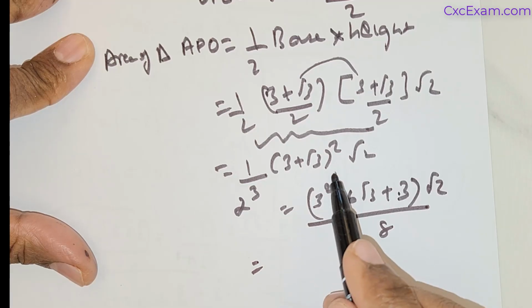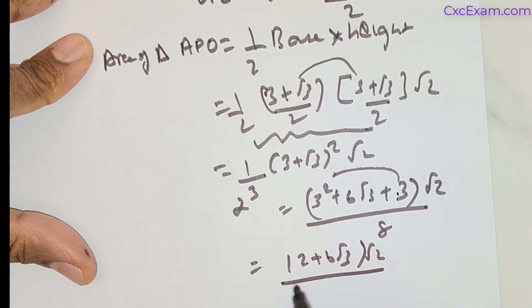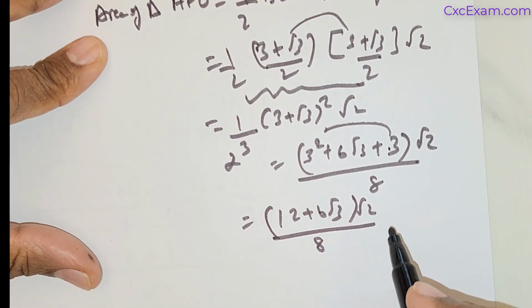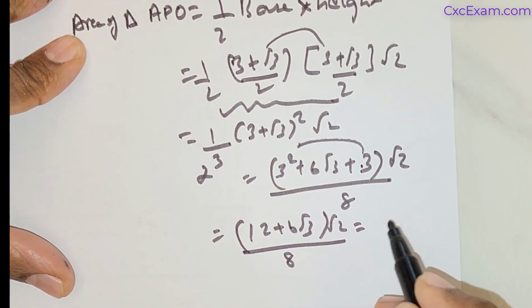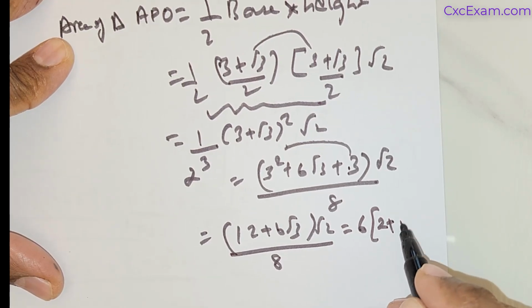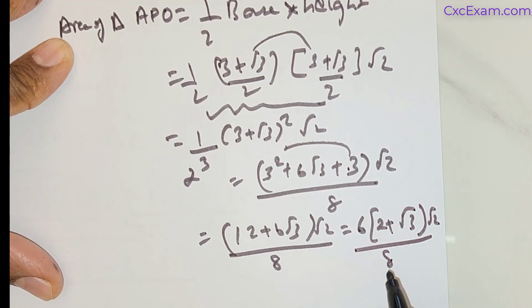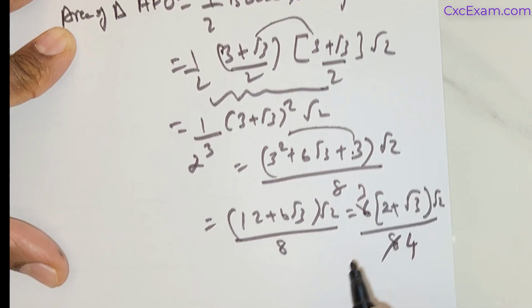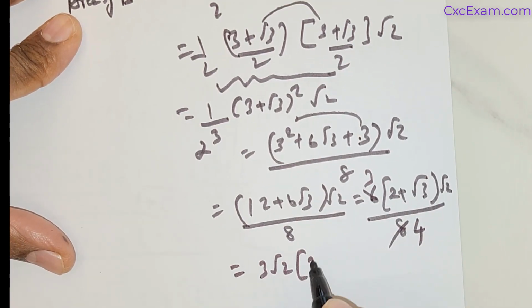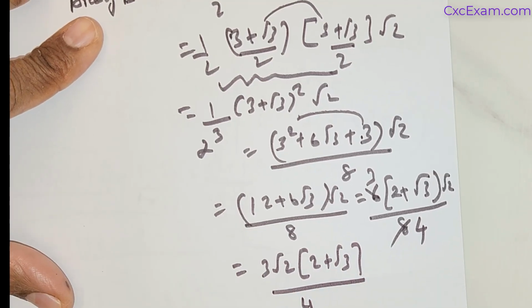So this is going to be 9 plus 3, that's 12, plus 6 root 3, times root 2, divided by 8. Now I can take 6 out, that will give me (2 + root 3) times root 2 divided by 8. 2 goes here 4 times, 2 goes here 3 times. So 3 root 2 (2 + root 3) divided by 4. This is the area.